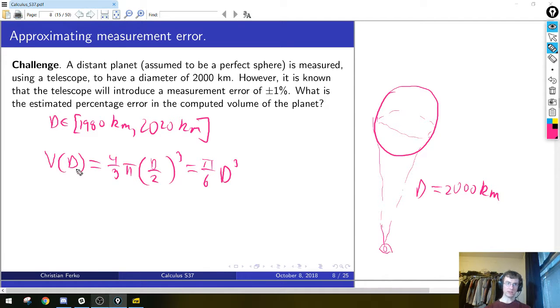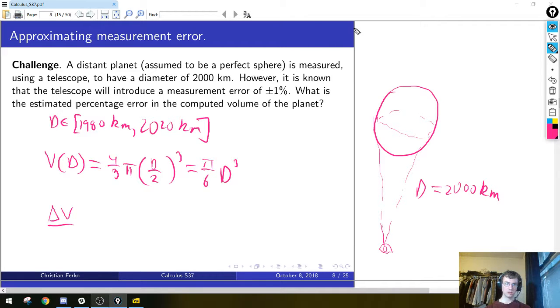Okay, and then as you say, what we could do is take these two endpoints, the highest it could be and the lowest it could be, so you would say the percent error in the volume. I need clarification on the d over 2, even though it is in parentheses to a power.